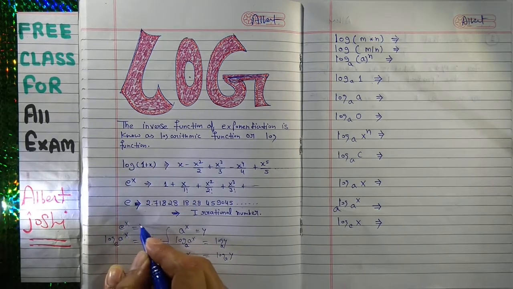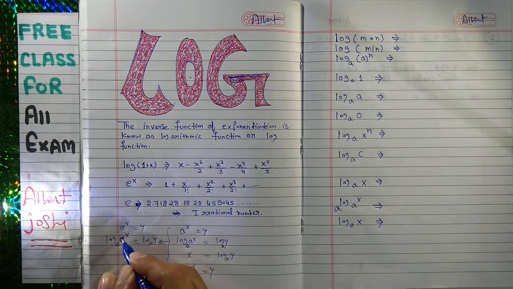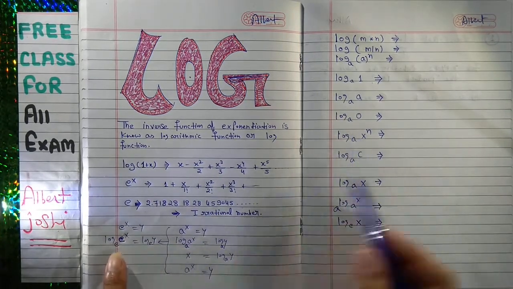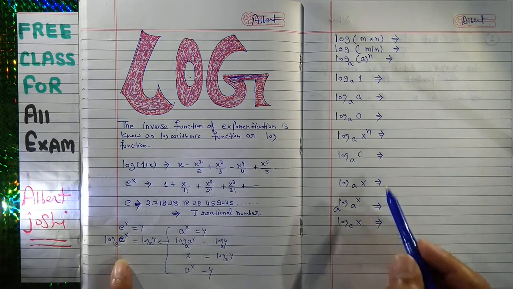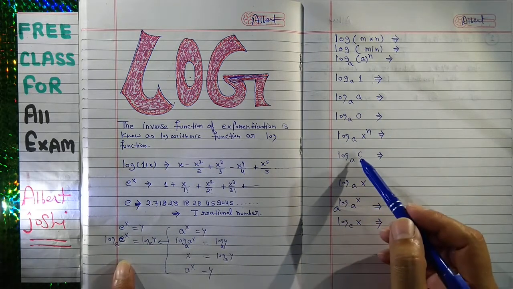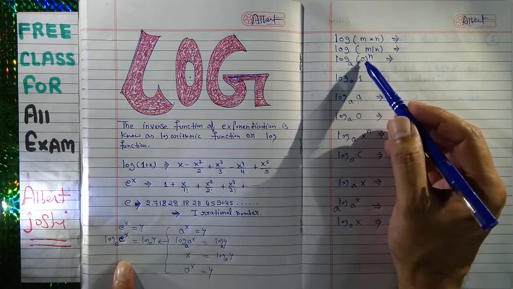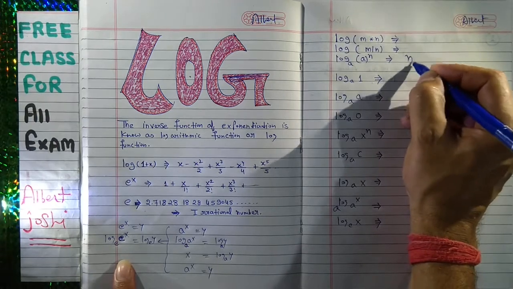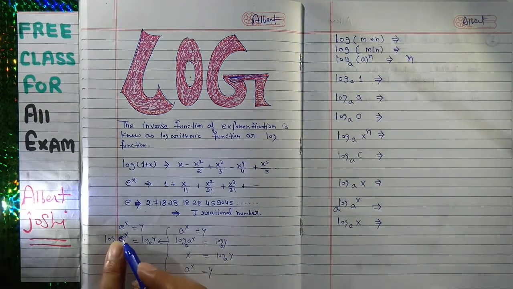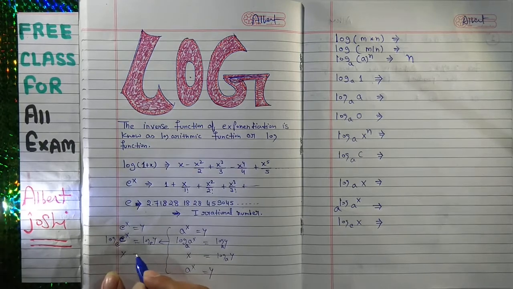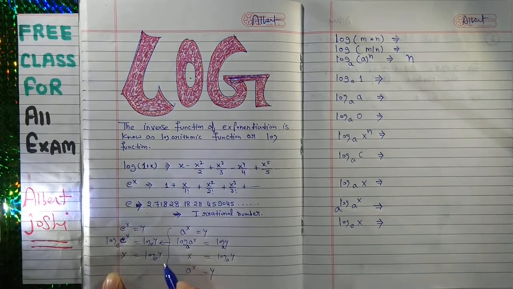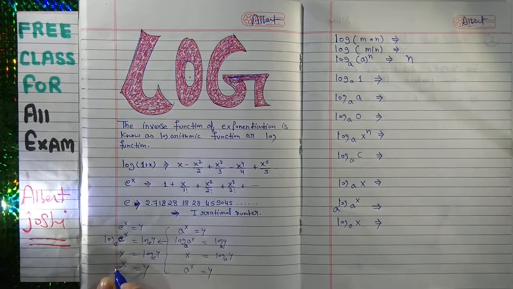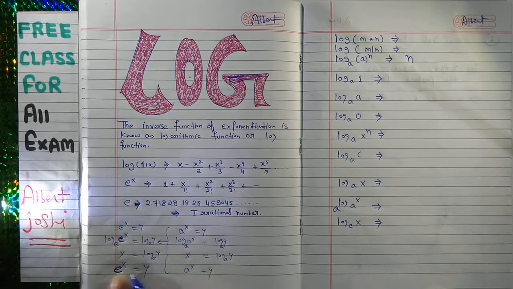Suppose this is e to the power x is equal to y. In this condition, this is e, and the formula we will discuss after some time. Log base e of e to the power x is equal to x. So x is equal to log base e of y. When log comes here, then e is your base. Actually, this is the base of log.